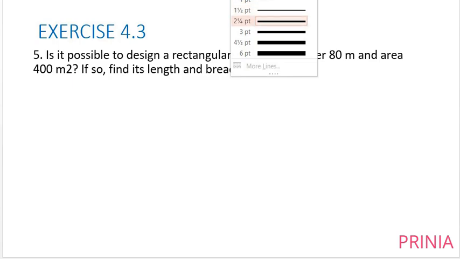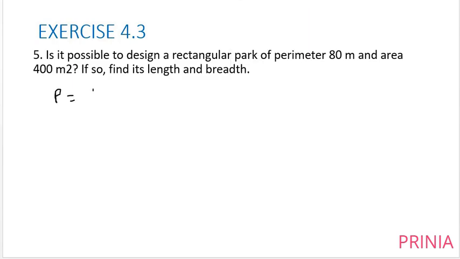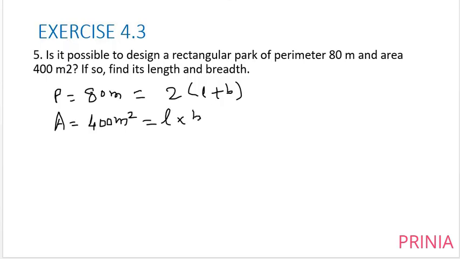We know the perimeter of a rectangular park is P equal to 2 times length plus breadth, which is 80 meters. The area is length multiplied by breadth, which is 400 square meters. From the first equation, length plus breadth is equal to 80 by 2, so I can write the length as 40 minus b.